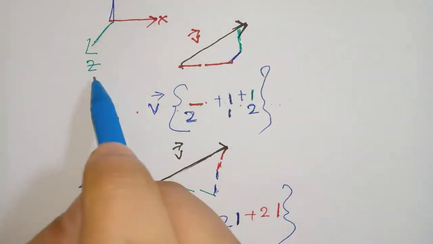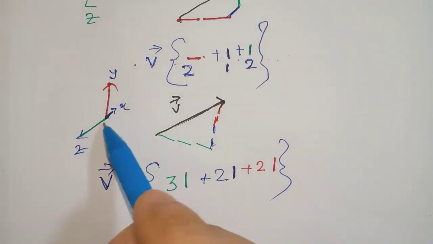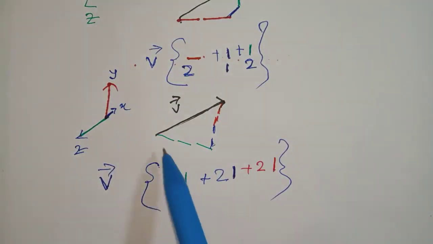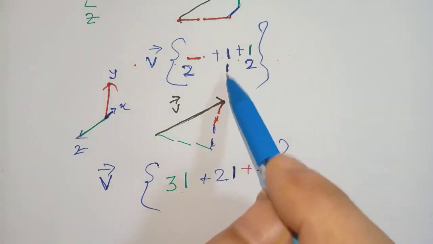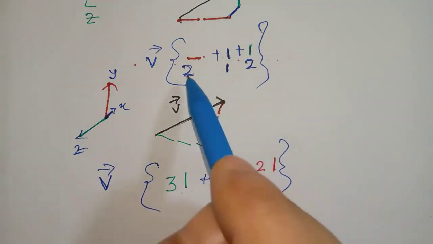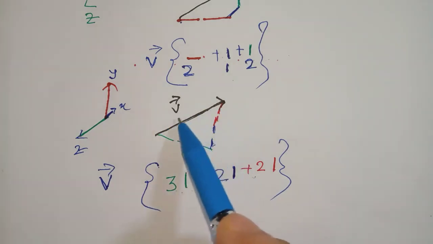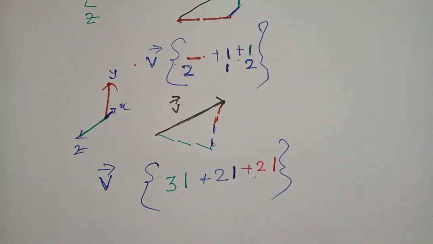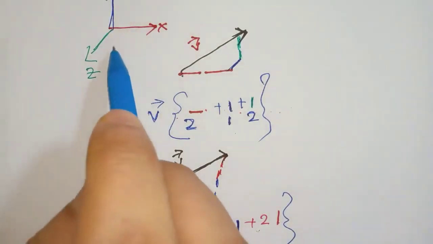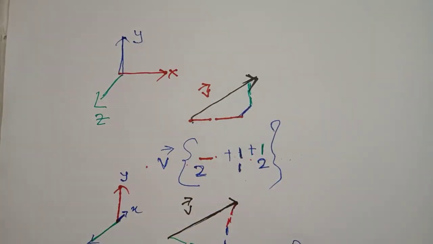When the coordinates changed from this to this, that means it went into this y direction and z direction, we need 3 green instead of 1, we need 2 blue instead of 1, and we need 2 red, which has been the same. So you see the vector v has remained constant, it is invariant, but the components of this vector, these are components, right?